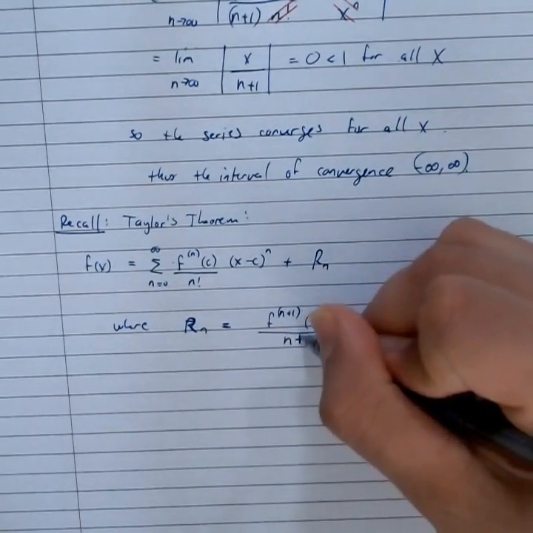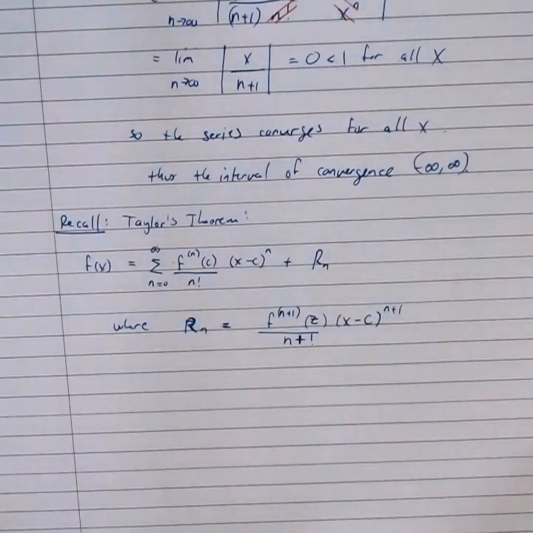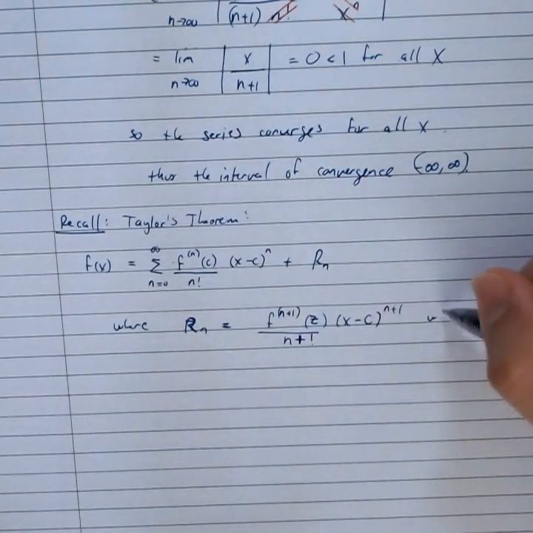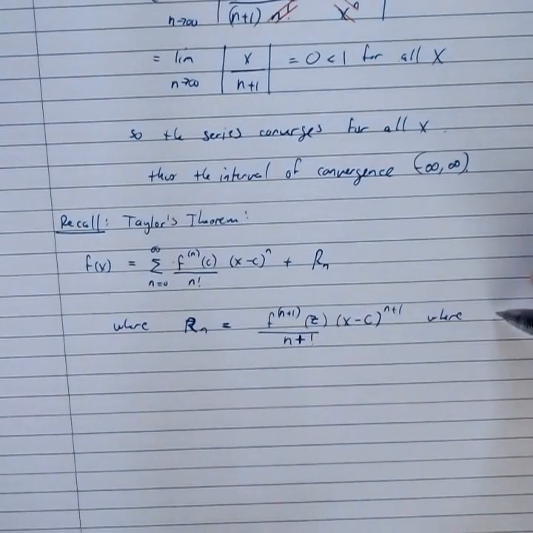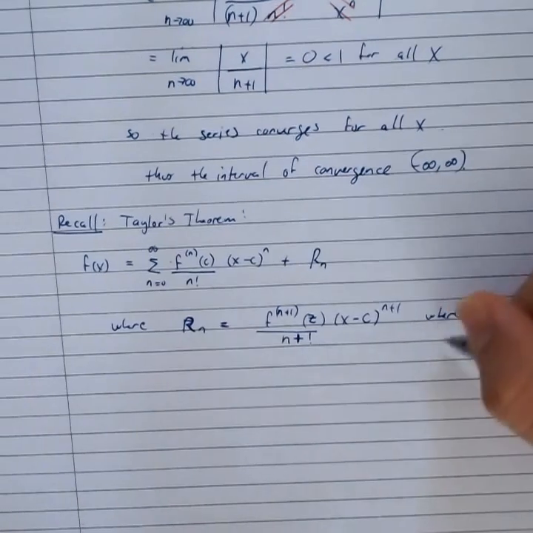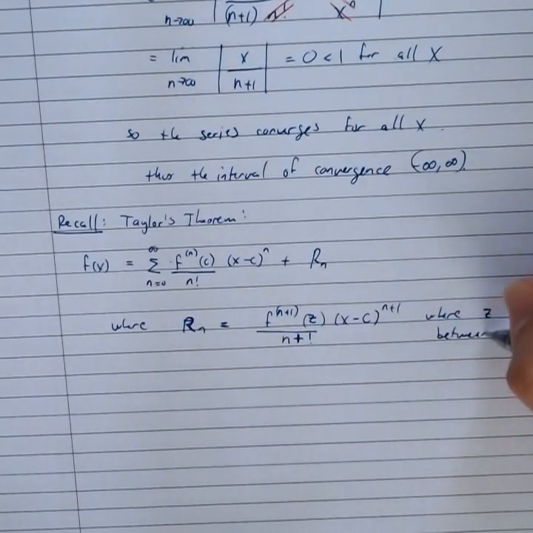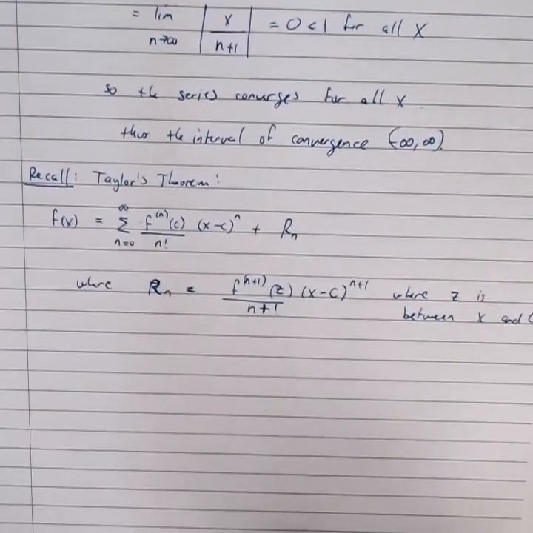This is generically for any c. And here, that should be n plus 1 factorial. Just like that. Where x and c are on either side of z. So I guess I should say where z is between x and c. Okay.